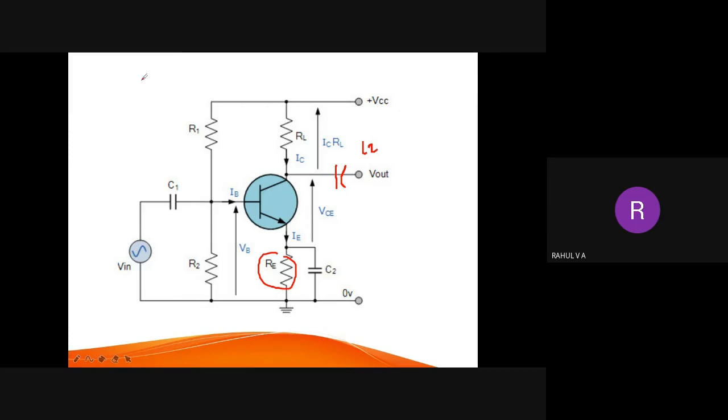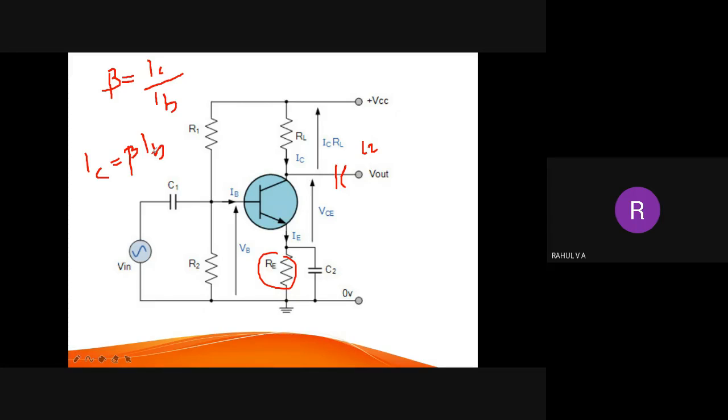Then you can write, for a transistor in a common emitter configuration, the beta value is given by IC by IB. So IC is nothing but beta into IB. For a normal transistor, the beta value is in the range of 100.